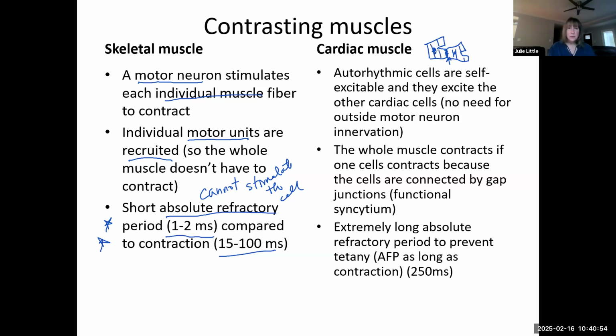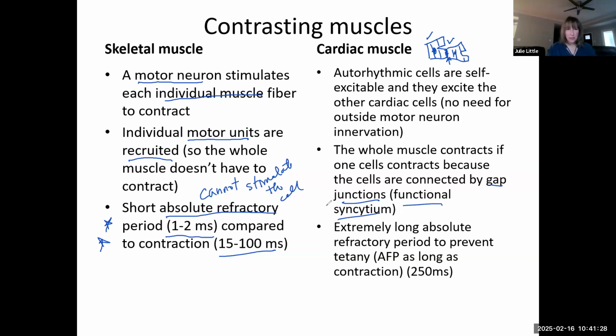At the intercalated disc, we have gap junctions and adhering junctions to make sure they don't pull apart, but the gap junctions are for communication. And because all the cells are connected, if this cell contracts, then this cell will contract, and every cell that it's connected to by gap junctions. Okay, anyway, if one cell contracts, they all contract, and we call that a functional syncytium.